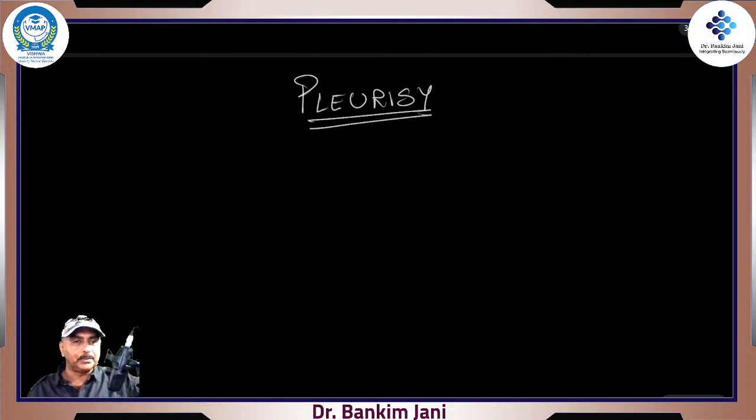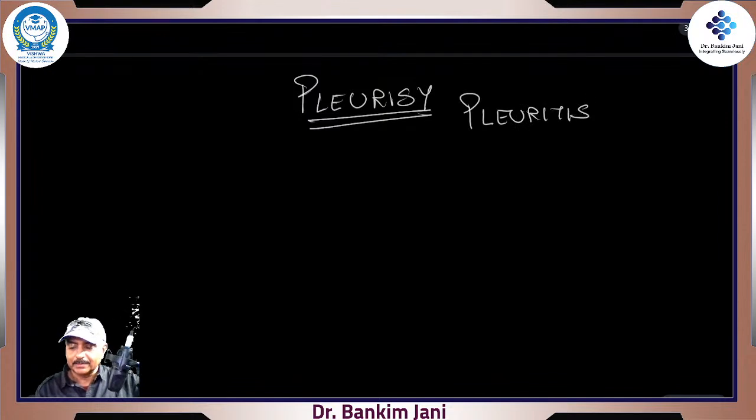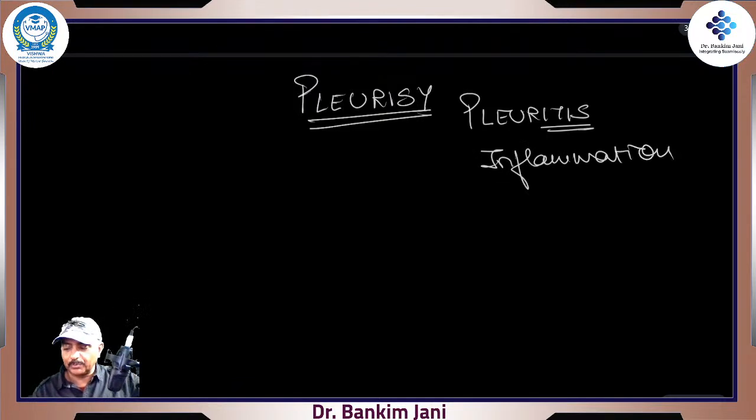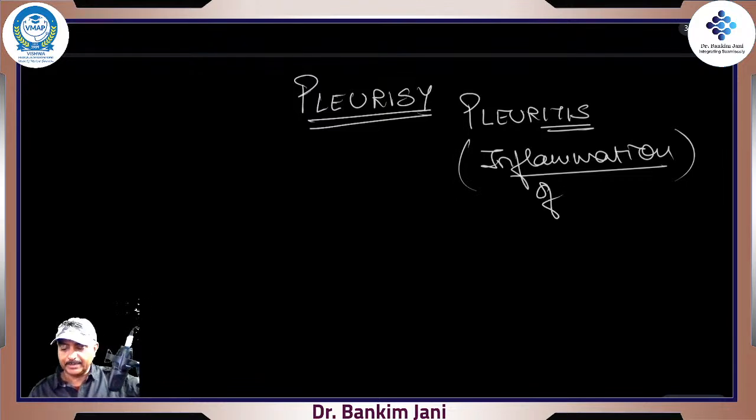Coming on to pleurisy. Pleurisy is also called pleuritis. It is an itis, and itis is inflammation. So whenever there is inflammation of the pleura, that is what is called pleuritis.